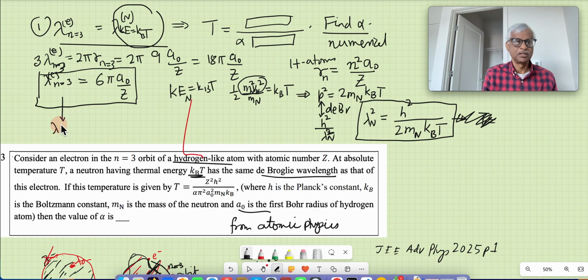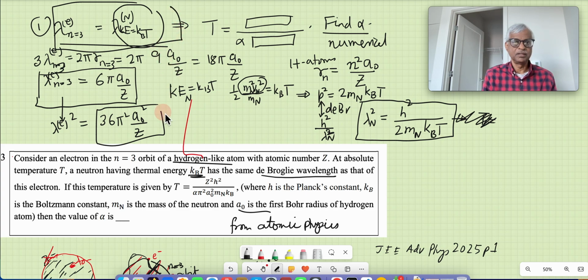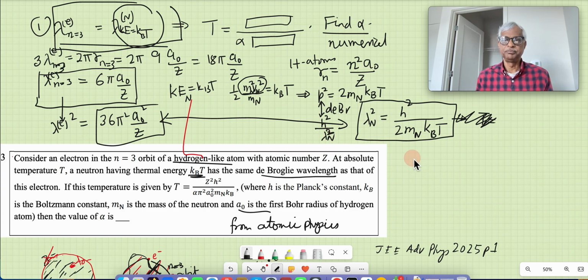So lambda electron square equals 36 pi square a0 square over Z square. Now, because of this given condition, I can equate this with that and solve. So we can equate 1 over lambda e square to 1 over lambda n square, the inverse of that.